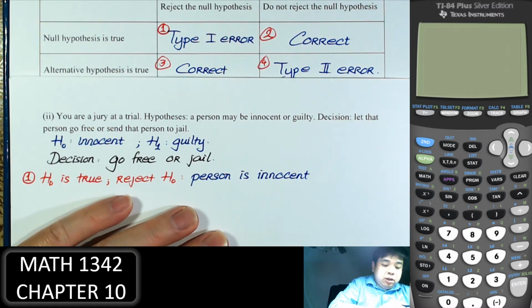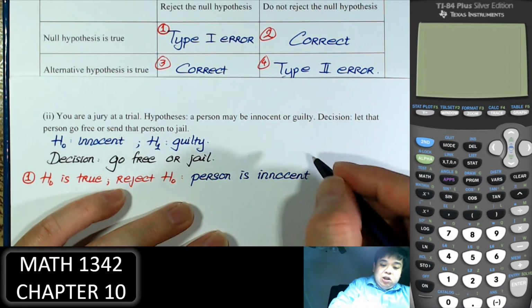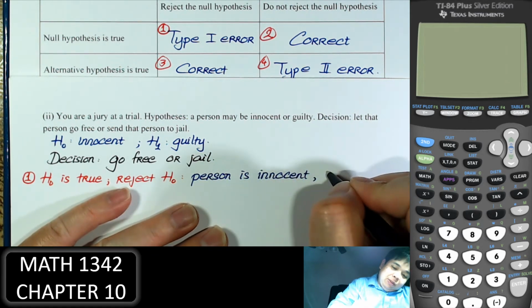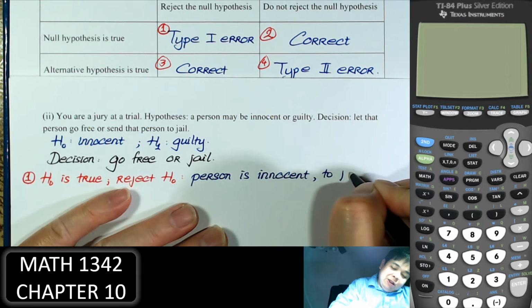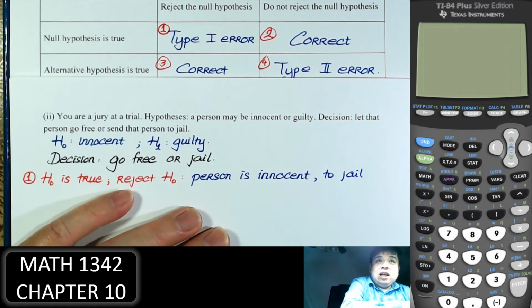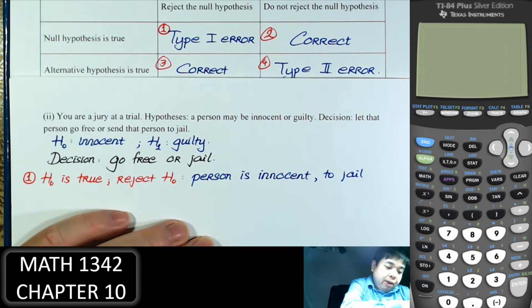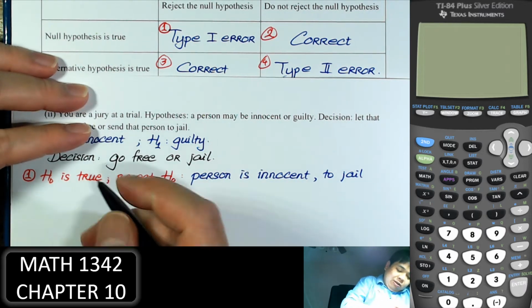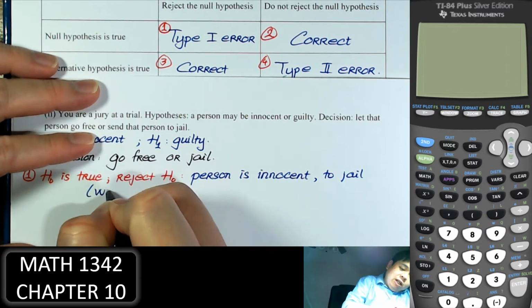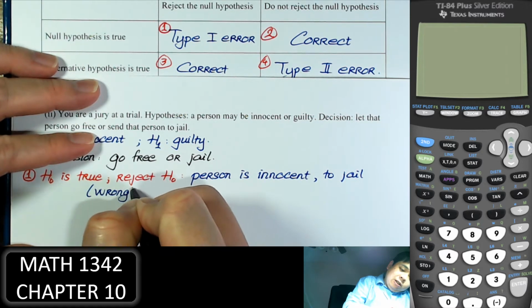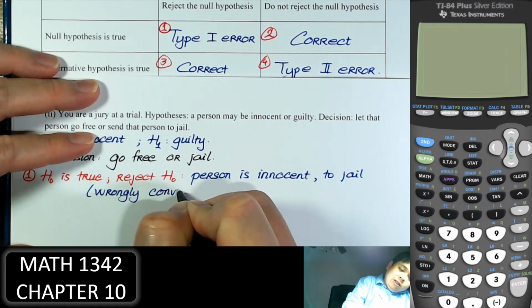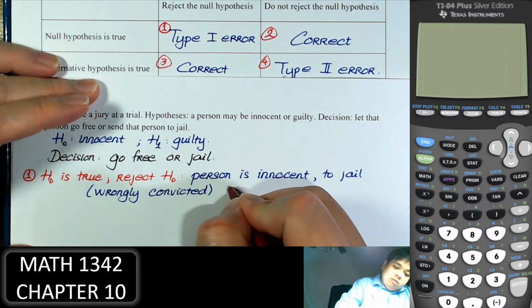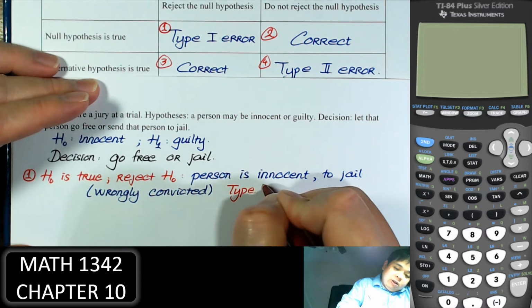But we ignore it. We say the person is not. So we send that person to jail. And so that means the person is wrongly convicted, because that is the type 1 error. In what we've been doing, that is type 1 error.